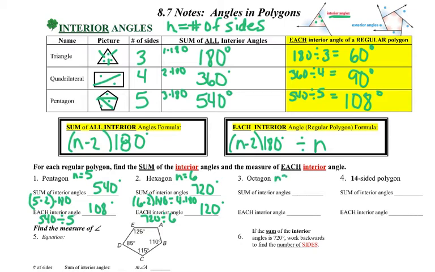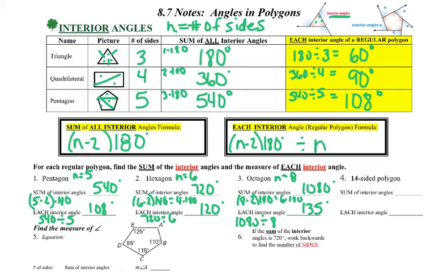Octagon, n equals 8. So I have 8 minus 2 times 180, or 6 times 180, which is 1080. To find each interior angle, I'm going to divide that by 8, which is 135. Right? And onwards we go.